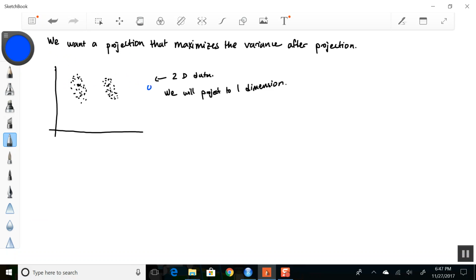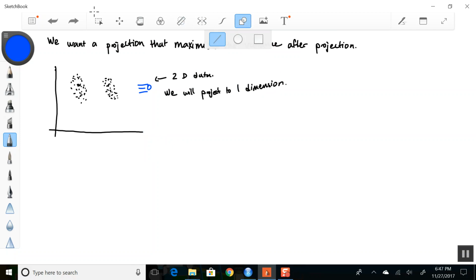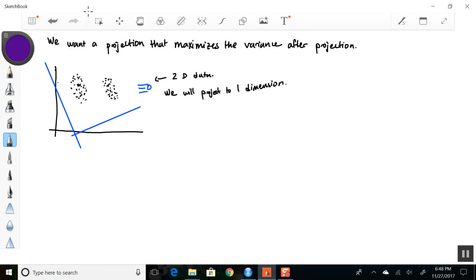And so one option is I can shine the light over here. And if I shine the light over here onto, let's say, this surface, then everything, our data, we would get dots that look kind of like this.